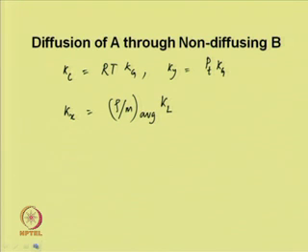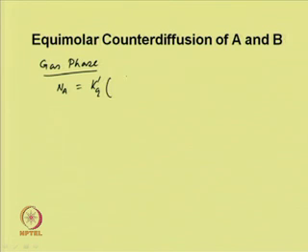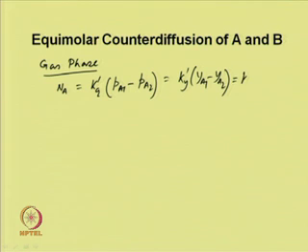Now, consider another case, equimolar counter diffusion of A and B. For the gas phase, we can write flux is equal to Kg dash into pressure driving force (Pa1 minus Pa2), equal to Ky dash (Ya1 minus Ya2), equal to Kc dash (Ca1 minus Ca2).